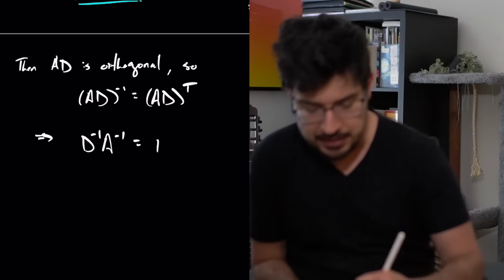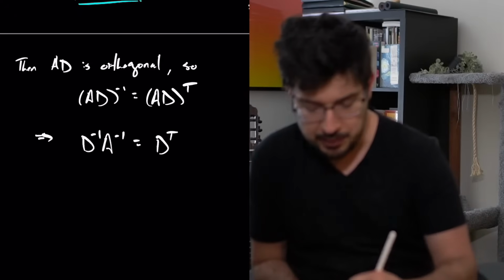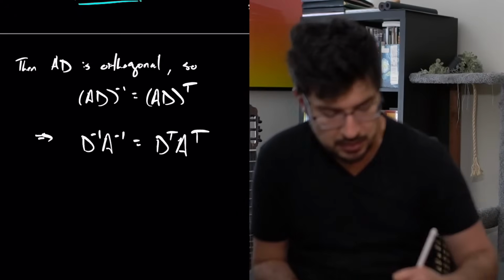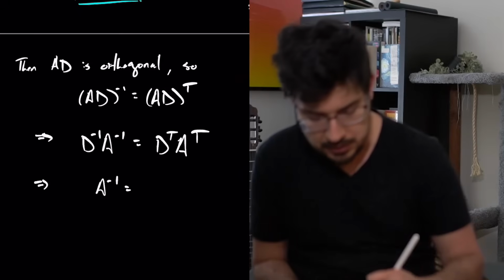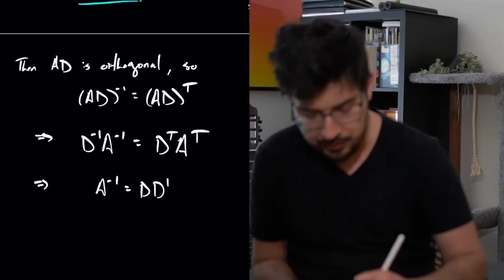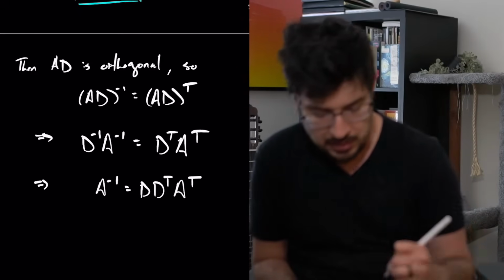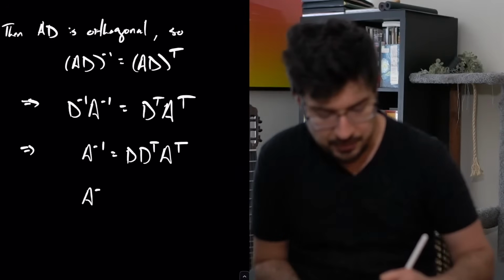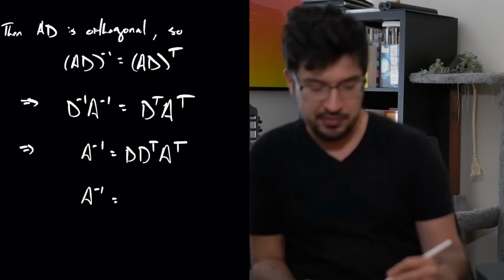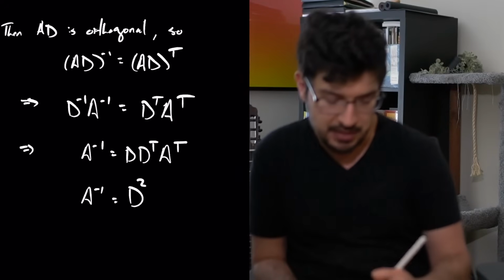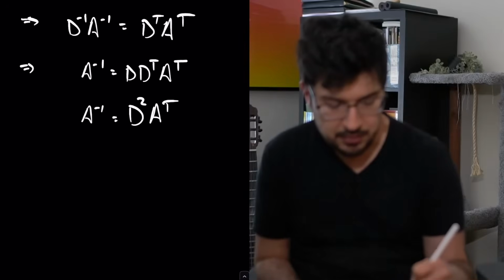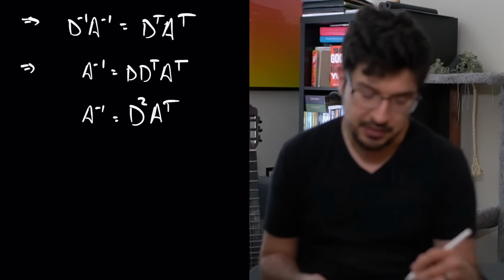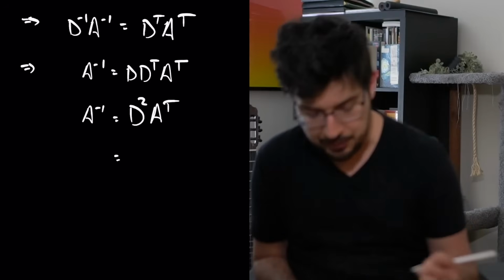The right-hand side can be rewritten as D transpose A transpose. Then this implies A inverse equals D transpose A transpose. And then, therefore, because the transpose of a diagonal matrix is itself, then A inverse is D squared A transpose.